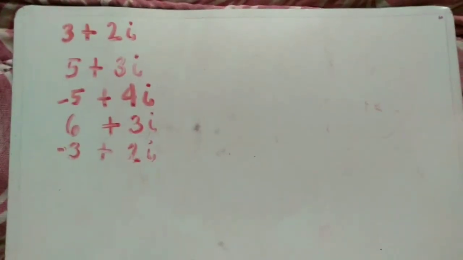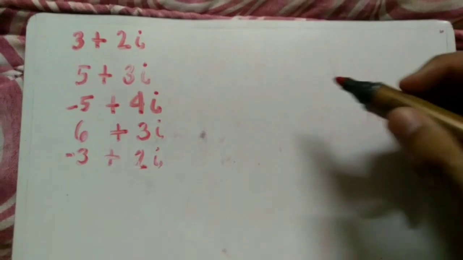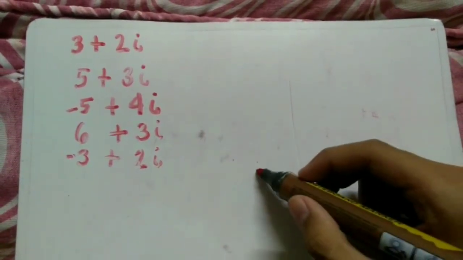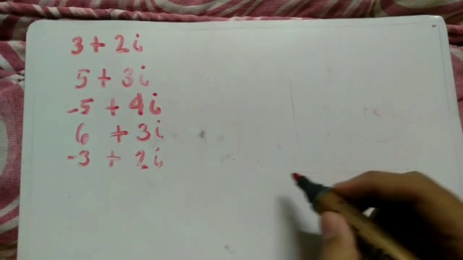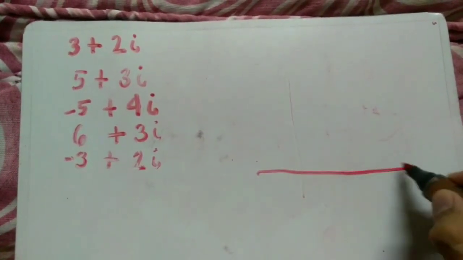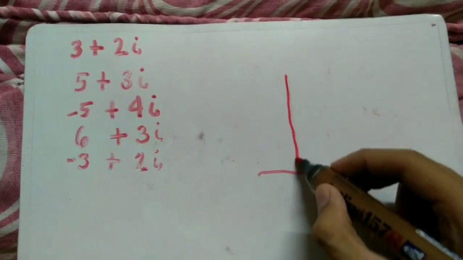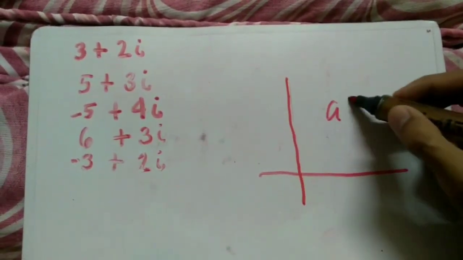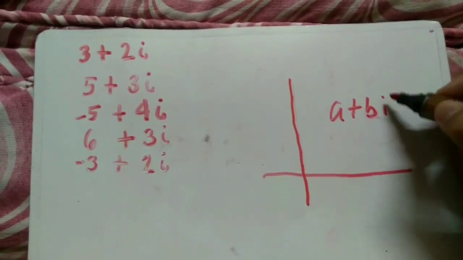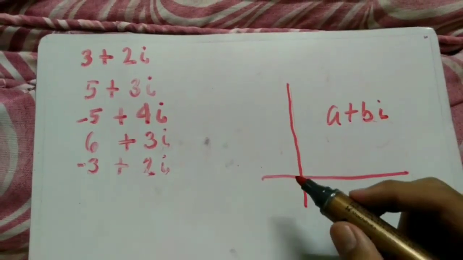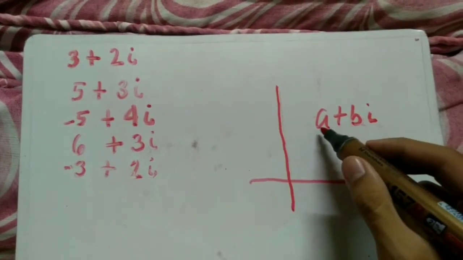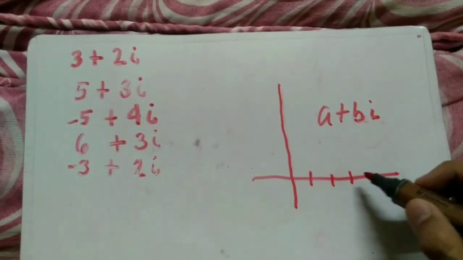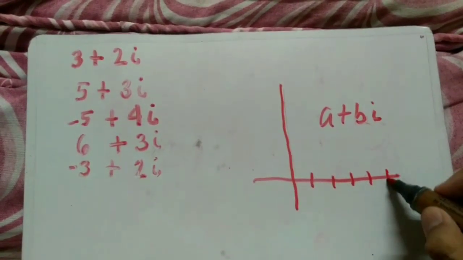Okay, so on to our next example: 5 plus 3i. So a plus bi. Our a is 5: 1, 2, 3, 4, and 5.